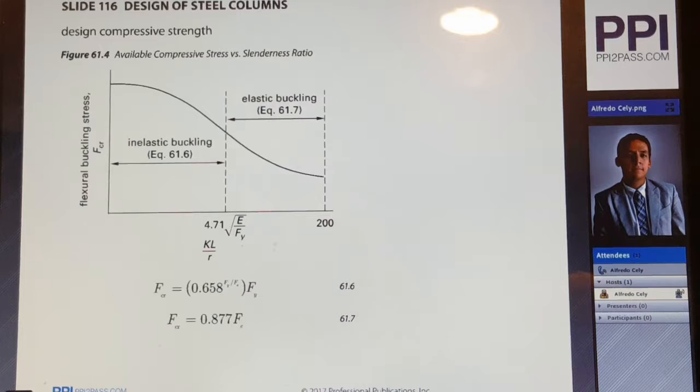F sub CR, which is the F critical, is the ultimate stress of the steel material in the specific condition used in the calculation. Now, this concept might be in the exam as a conceptual question rather than a full numerical problem. Commonly, the allowable stress will be given in the exam, as we will see in our next problem.